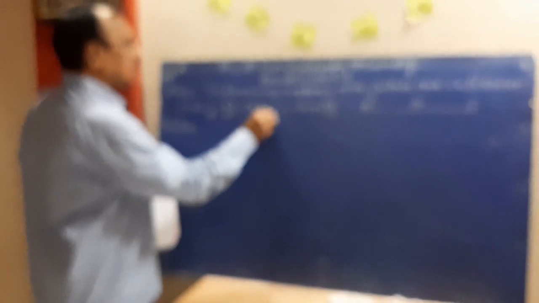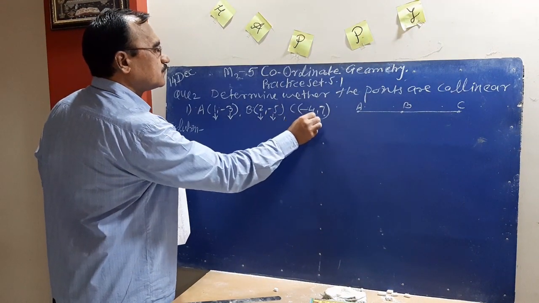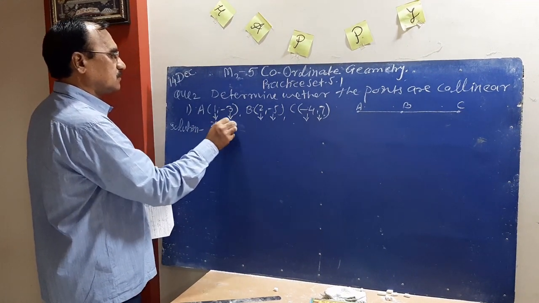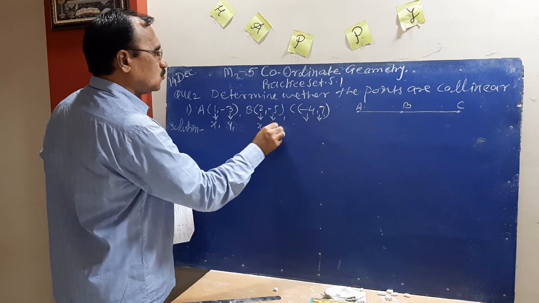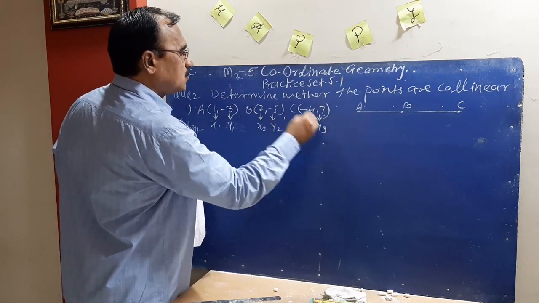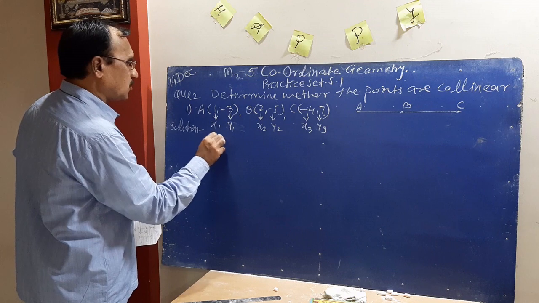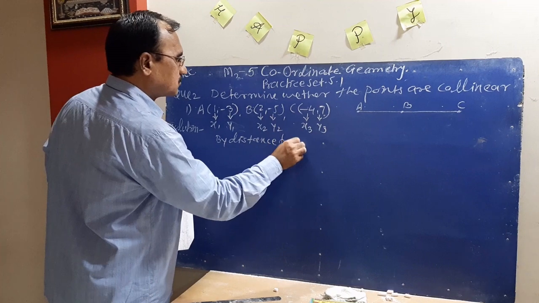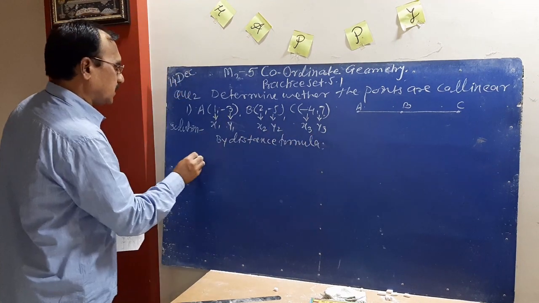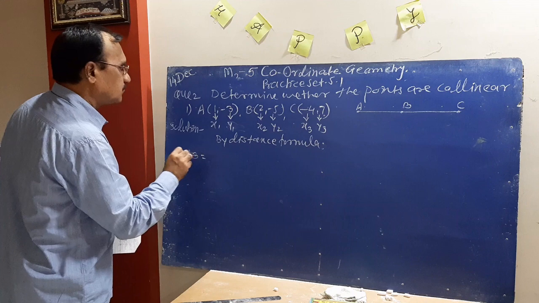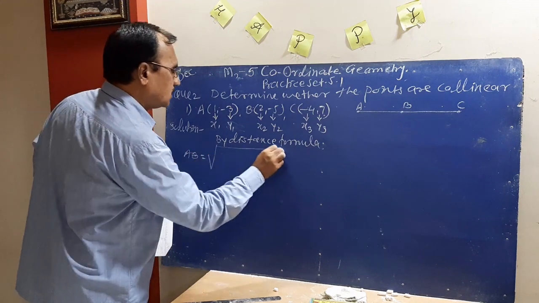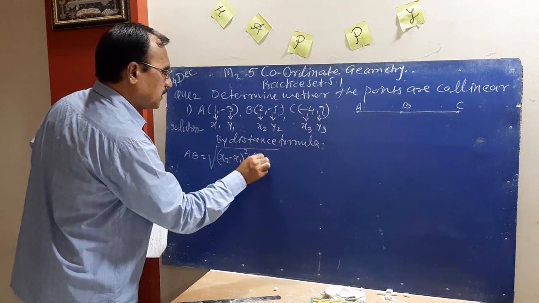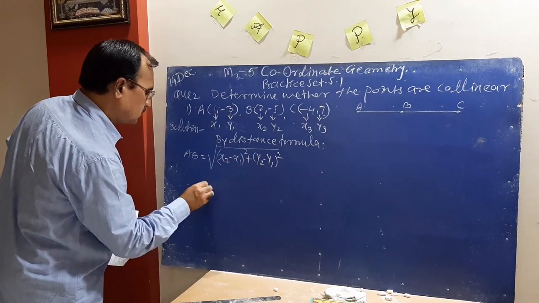To find distance AB, for that purpose this is x1, y1, x2, y2, x3, y3. By the distance formula, AB is equal to under root x2 minus x1 bracket square plus y2 minus y1 bracket square.